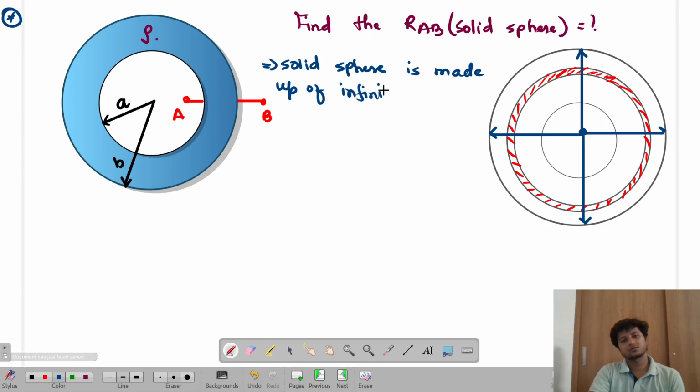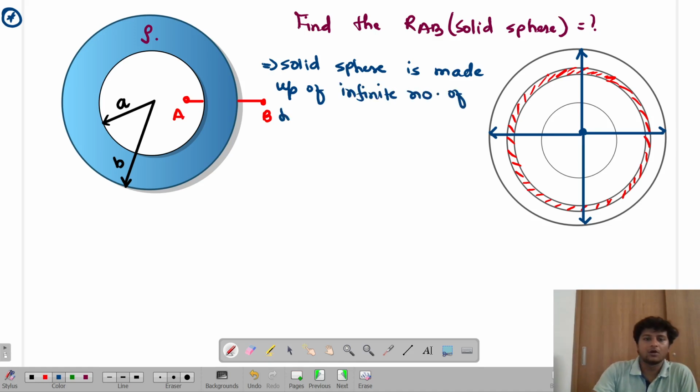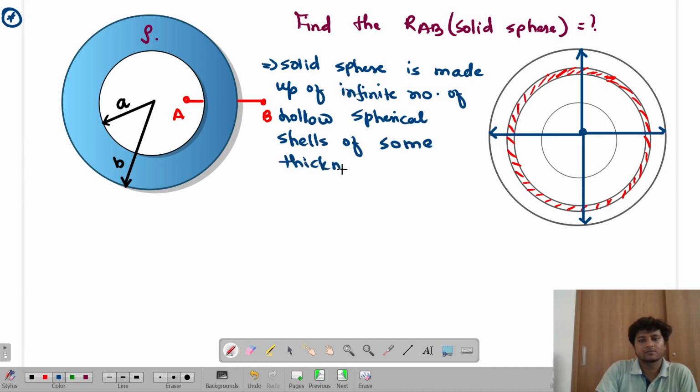infinite numbers of hollow. I said hemisphere. What I said? Hollow spherical cell of some thickness. Are you able to get me or not?